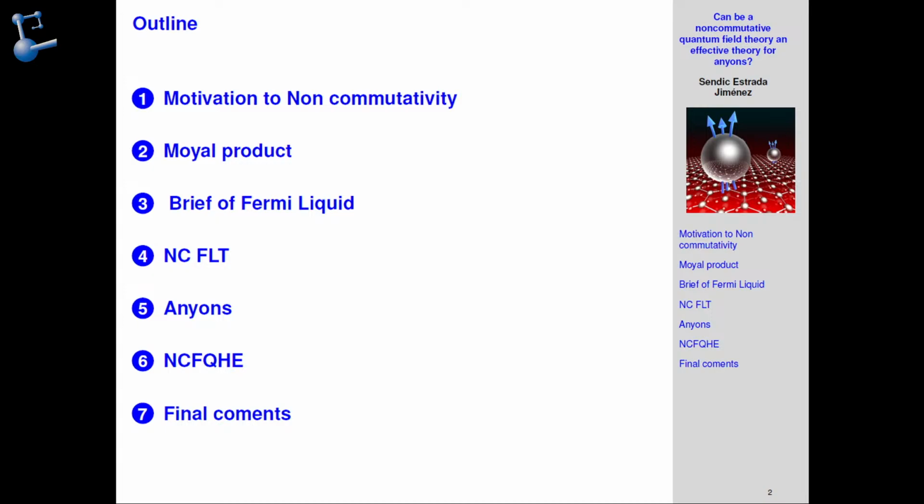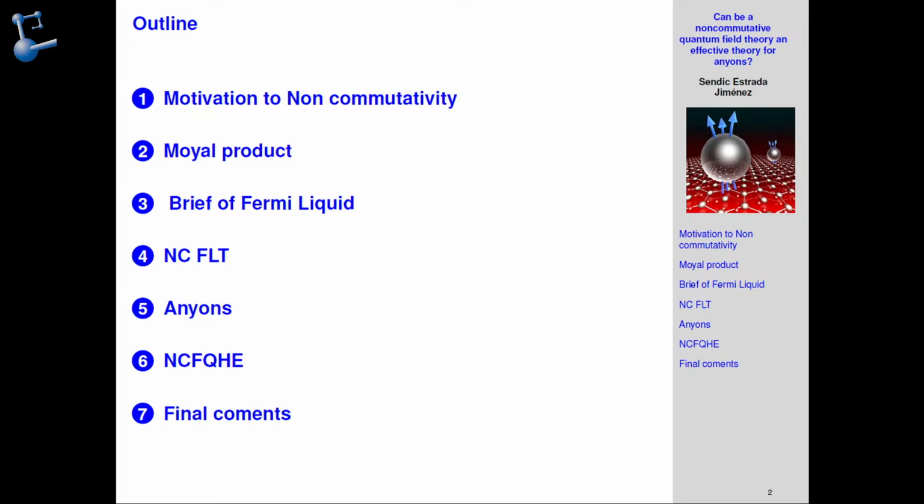The outline of the talk is first a motivation for non-commutativity from some systems in condensed matter. After that, briefly the Moyal product, which is a tool to apply this non-commutativity of space in the systems, a brief review of the Fermi liquid, and then we try to build a non-commutative Fermi liquid theory from quantum field theory.